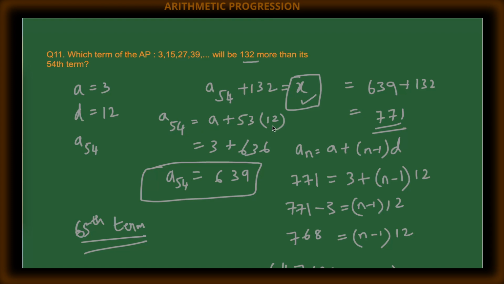We got the d value and also the a value. We got A54, then we added 132 and got the x value, which is 771. Now in which position in this particular AP does 771 belong? We used this formula to find the nth term, and it belongs to the 65th term. Hope this is clear. So let's move to the next question.